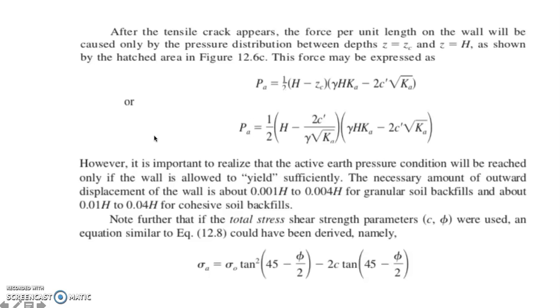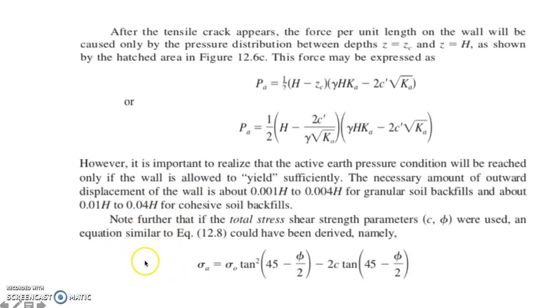However, it is important to realize that the active pressure condition will be reached only if the wall is allowed to yield sufficiently. The necessary amount of outward displacement of the wall is about 0.001 H to 0.004 H for granular soil backfill, and about 0.01 H to 0.04 H for cohesive soil backfill.